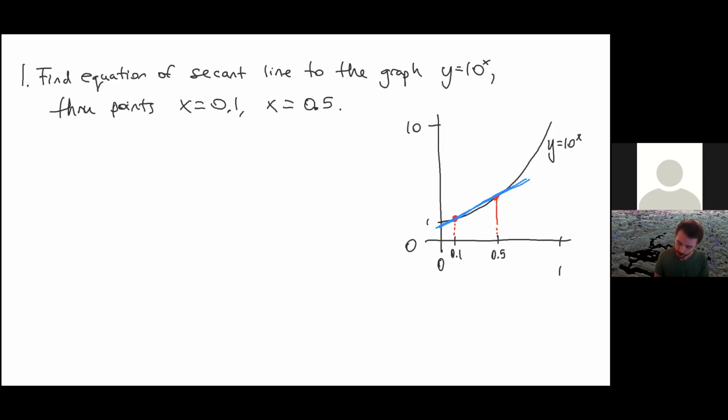Okay, so just because I'm thinking ahead, it's probably going to be useful to get these y values. So let's just estimate what these y values are. For 0.1, I'm going to guess that my y value is approximately, it's like just above 1.2, so I'll say 1.25.